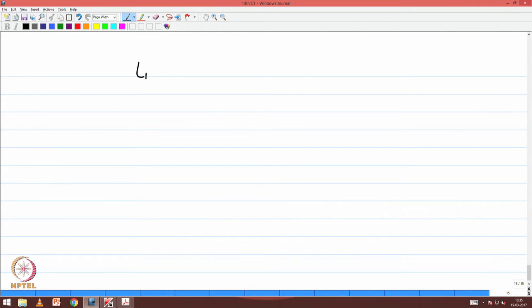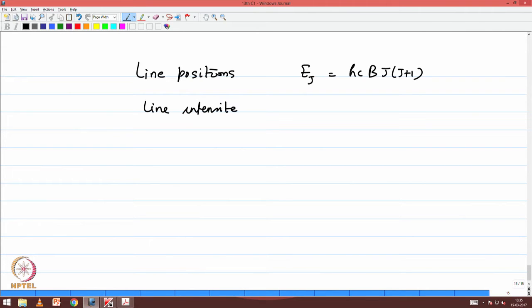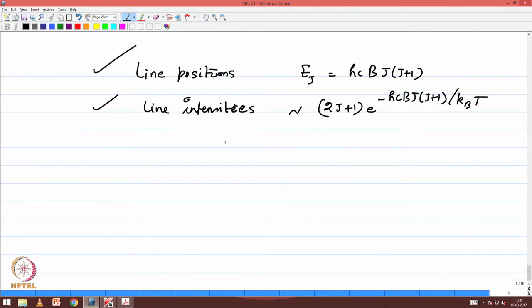Therefore, we look at line positions given by the energies E_J as hc B J into (J plus 1) and the line intensities given by (2J plus 1) times e to the minus hc B J (J plus 1) over k_B T. So, we have looked at both of these for the diatomic molecules, and we have looked at some spectra.